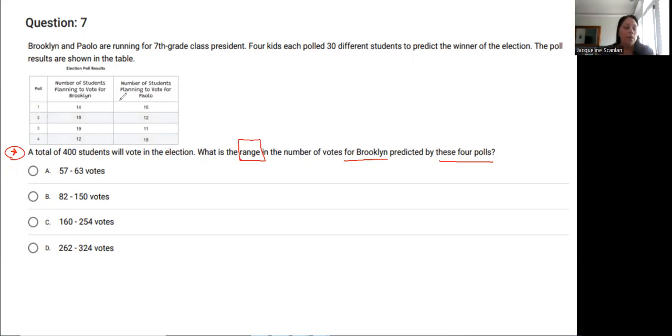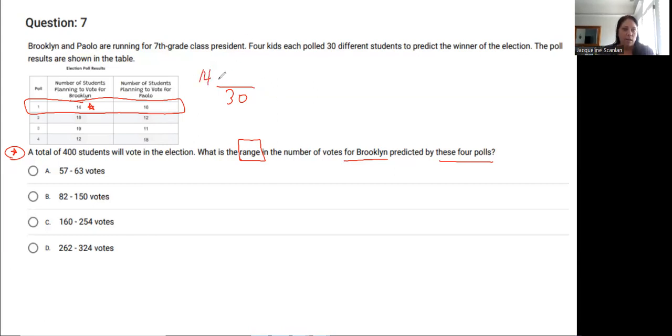Okay, so the first thing that I would do is take maybe the first student's results, and I would say out of the 30 total votes, because 14 plus 16 is 30, Brooklyn received 14 of them.